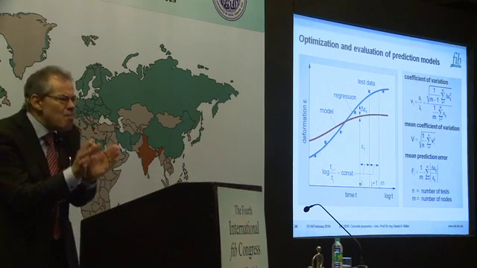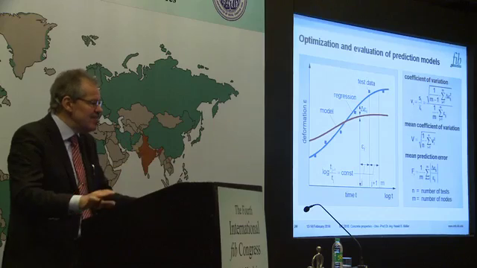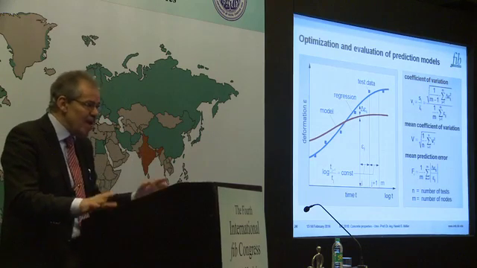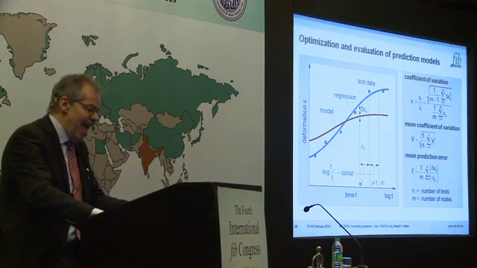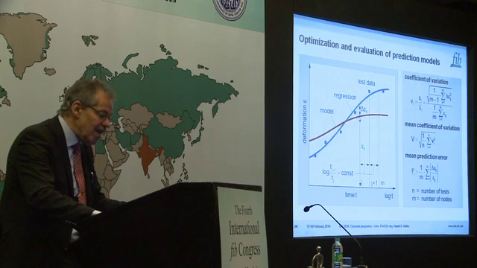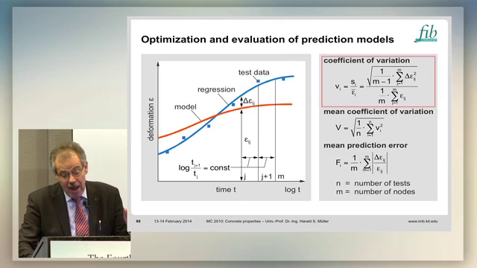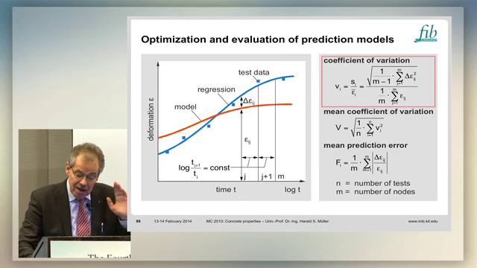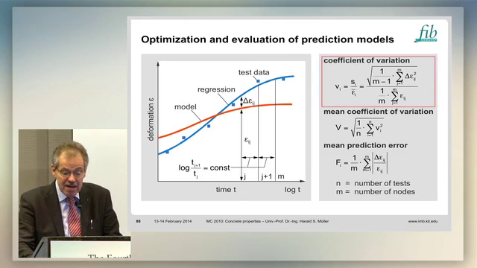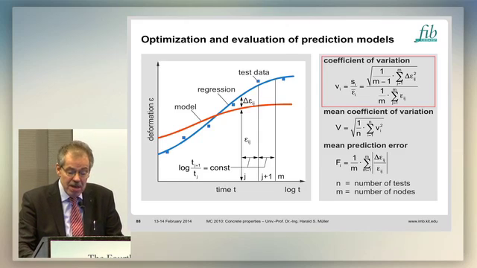This gives some more weight to longer ages of observation, but this is reasonable. You have to make a decision. And then we calculate the deviations between our model and the real test data. Then we have a least square fit. We sum up these squares of deviations, and then we divide it by the mean deviation.